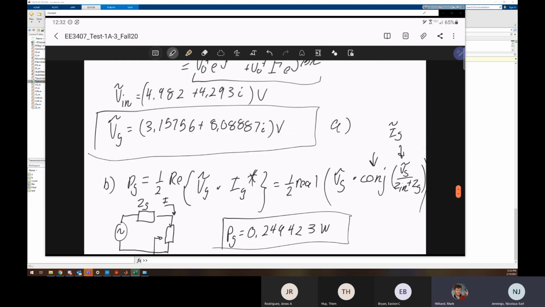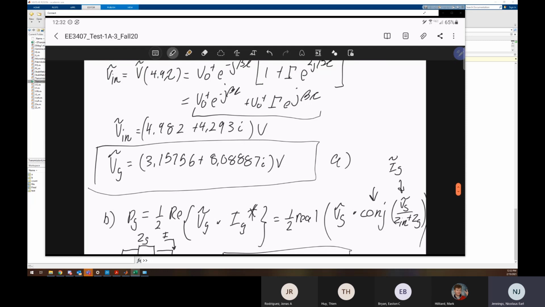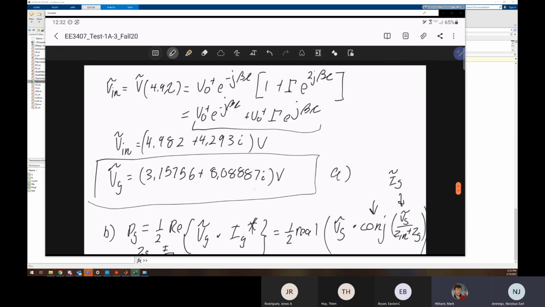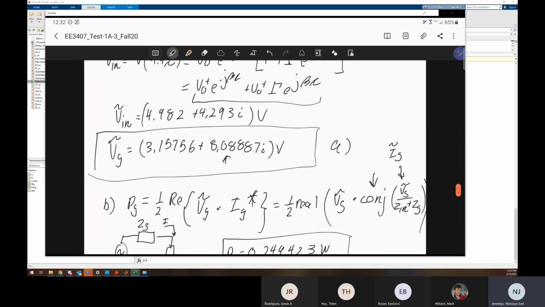The power delivered at the generator. But we must also recognize that the voltage here is probably not that much. I don't know what the magnitude of that is, but it's probably not even greater than 20 or something like that.